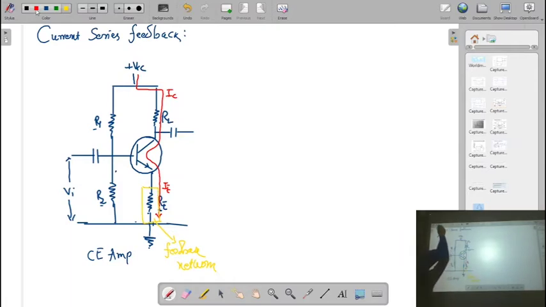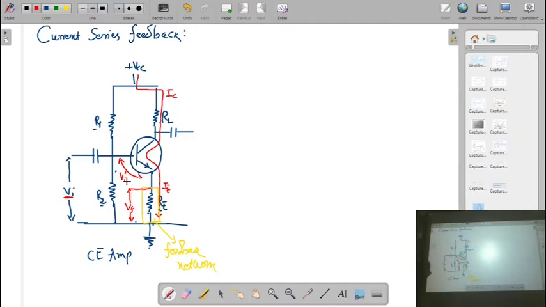Whatever voltage is produced across this, we call the feedback voltage. Now this feedback voltage is in series with my input voltage here. Remember what Vi dash is and what Vi is: Vi is the input voltage for the feedback amplifier, and Vi dash is the input voltage.